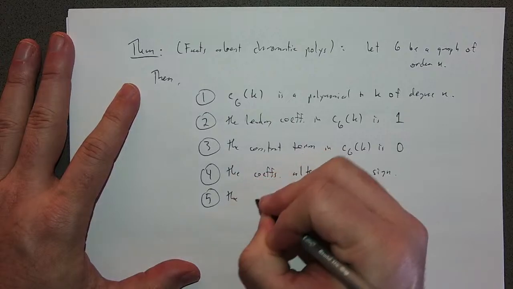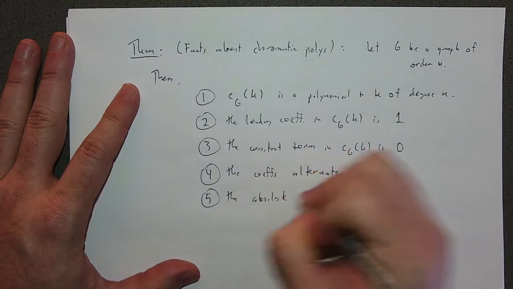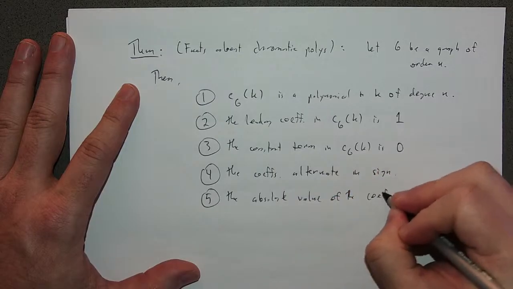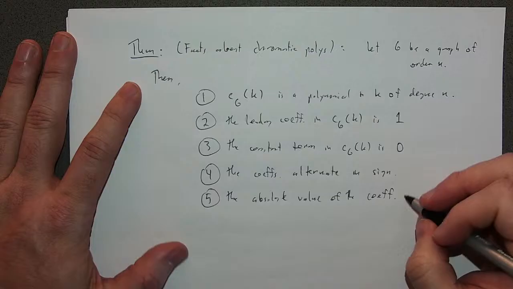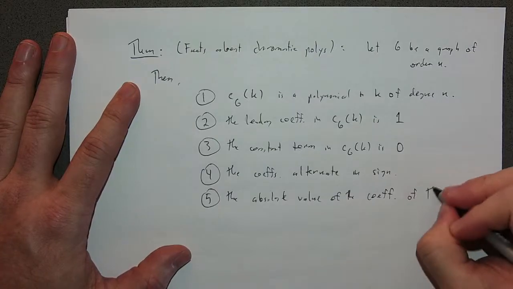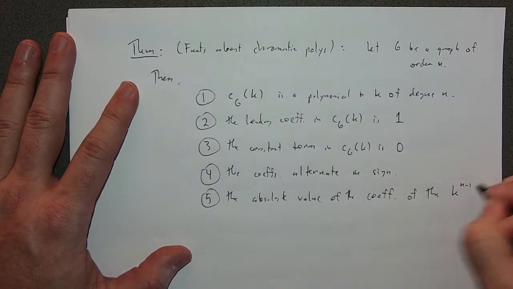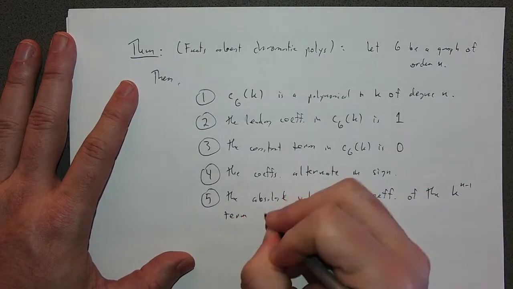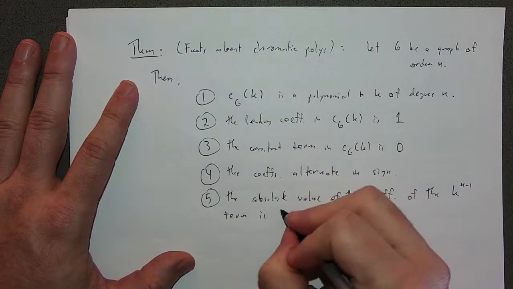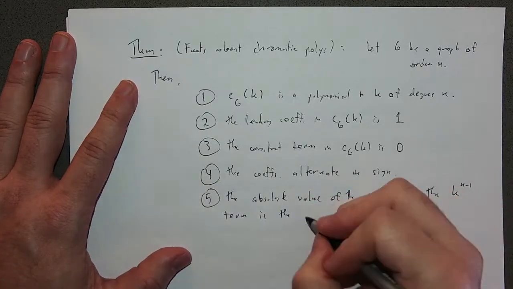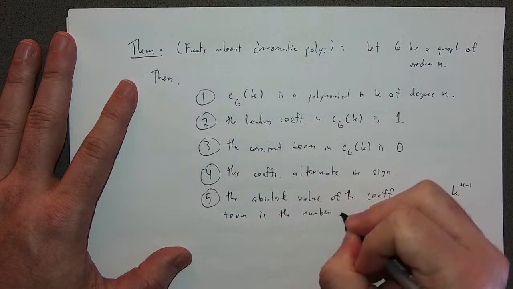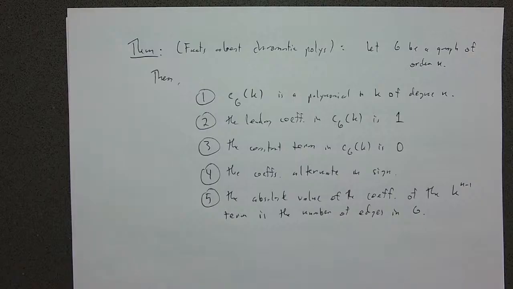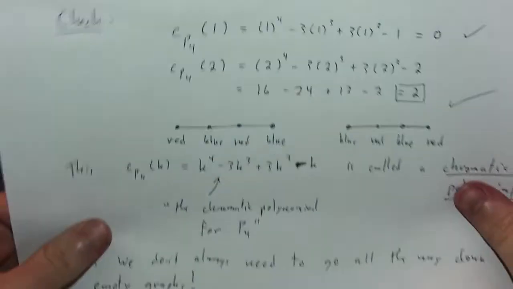The absolute value of the coefficient of the k to the n minus 1 term is the number of edges in G. Let's see that that works in our previous example.